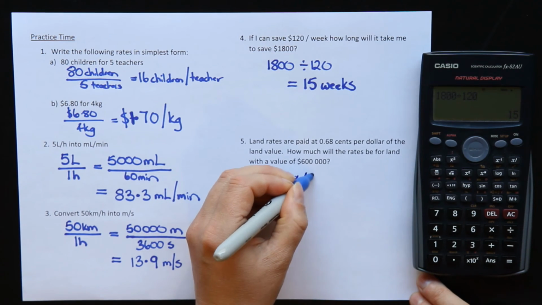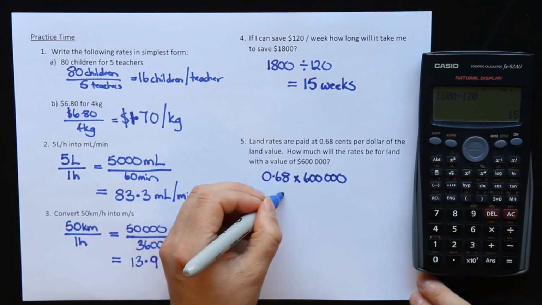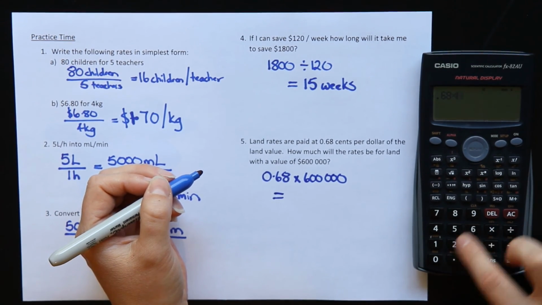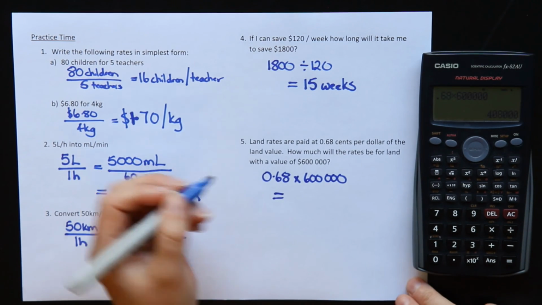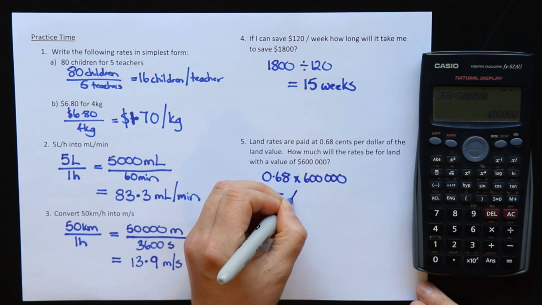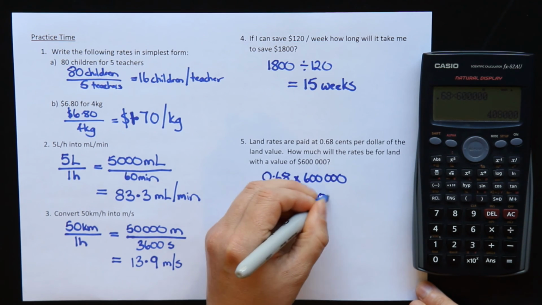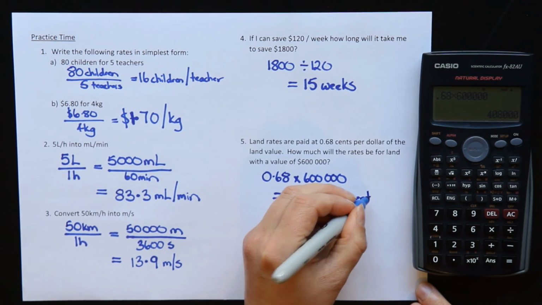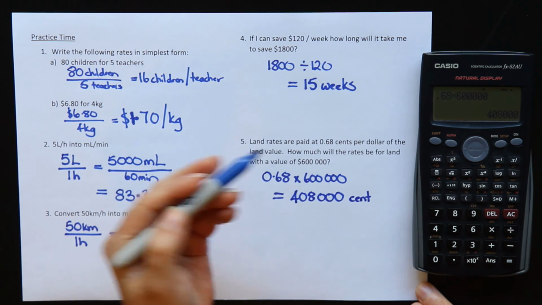Well, there was $600,000 worth of land, so I need to multiply those together. 0.68 times 600,000 equals. Now it looks like a lot of money, but that's because it is in cents.